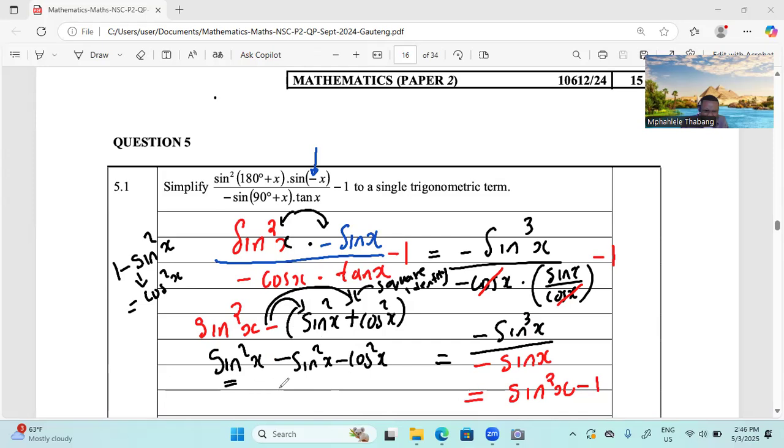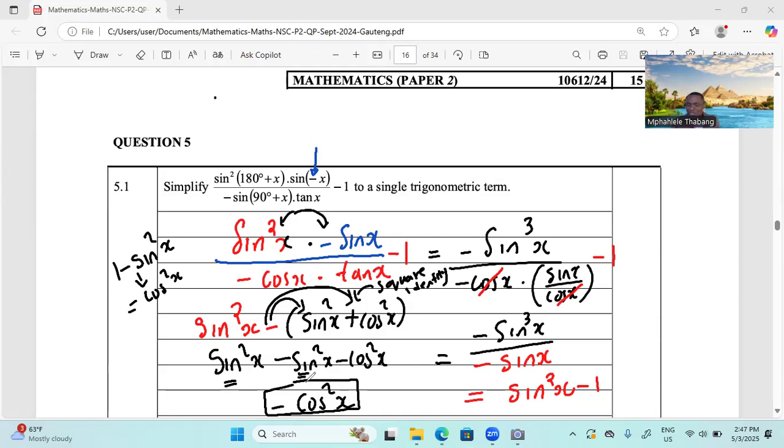Sine squared x minus sine squared x is 0, so I'm left with negative cos squared x. So this is your final answer. You have simplified your expression to a single trigonometric term, which is in terms of cos.